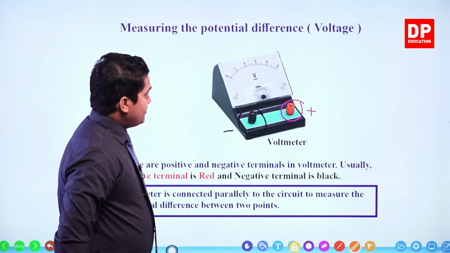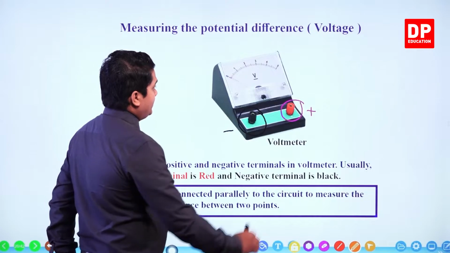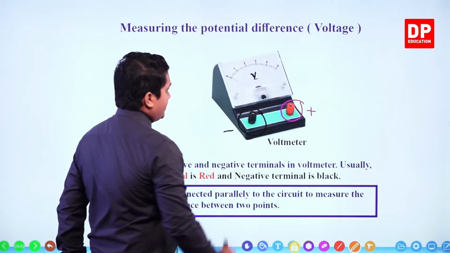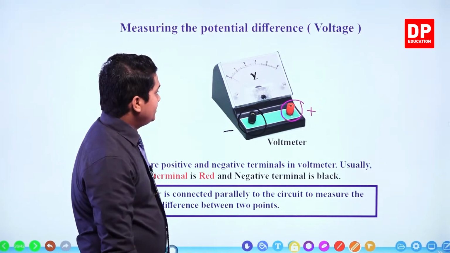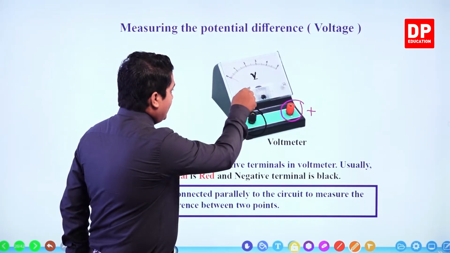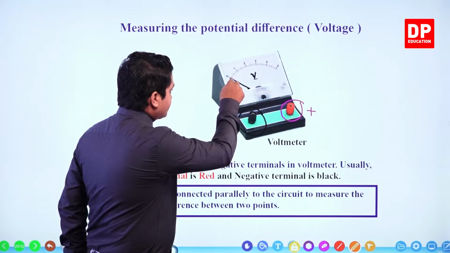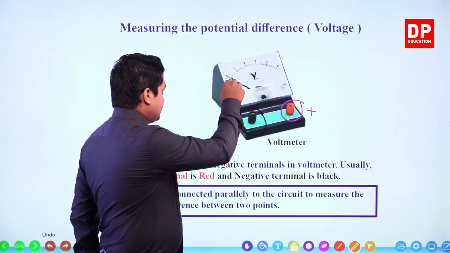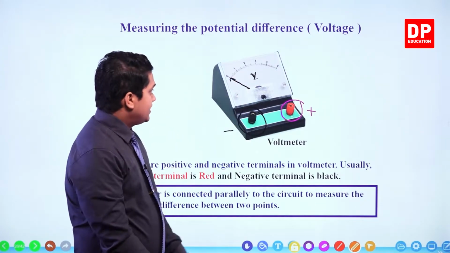Like in the ammeter, but here the capital V letter is printed on the base of the voltmeter and there is an indicator like this. This is the indicator.